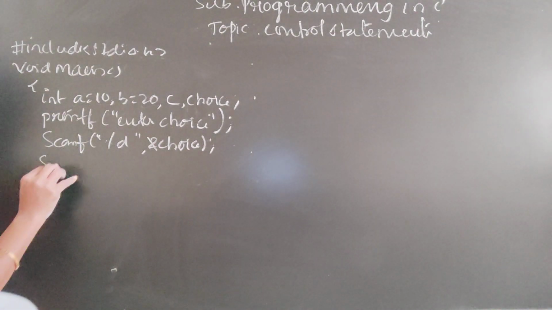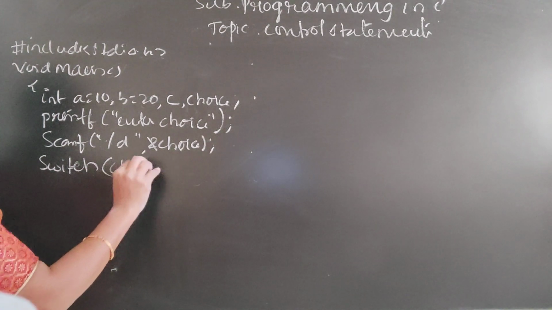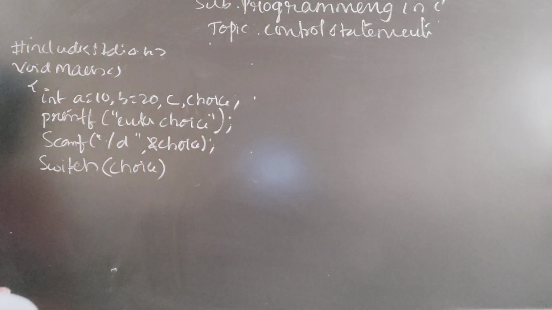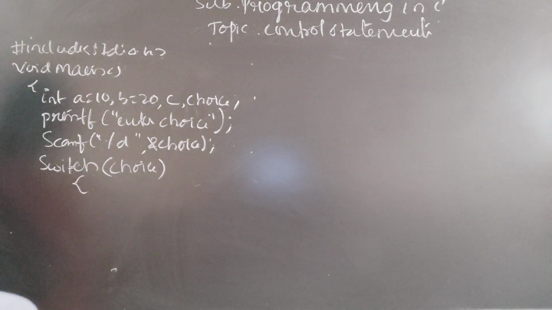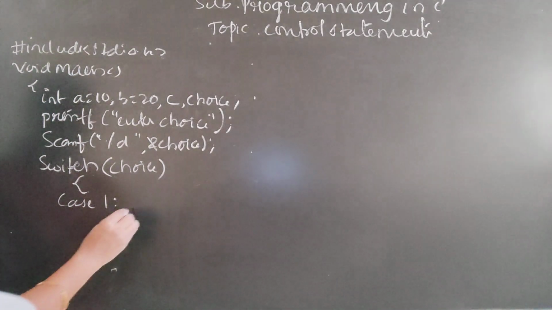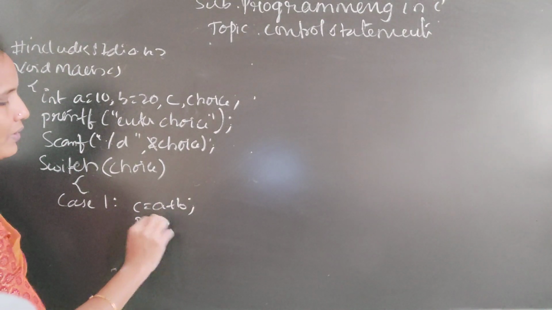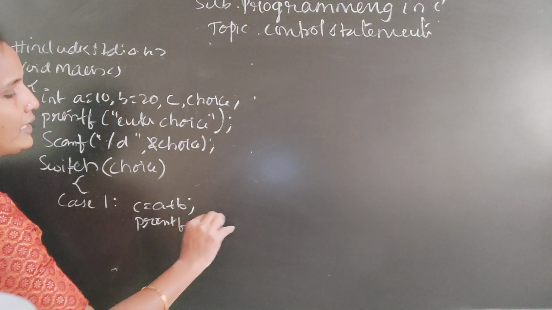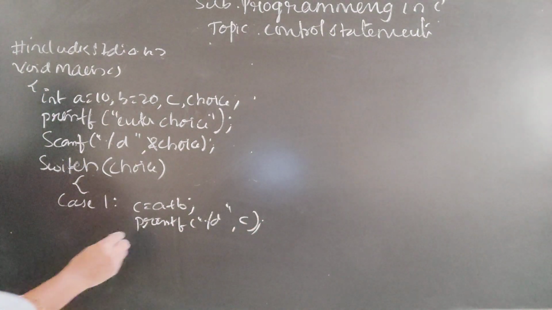Now switch(choice). Whatever value the user gives is nothing but the expression here. Choice, open the brace. Case 1: c equals a plus b, printf("%d", c), break.